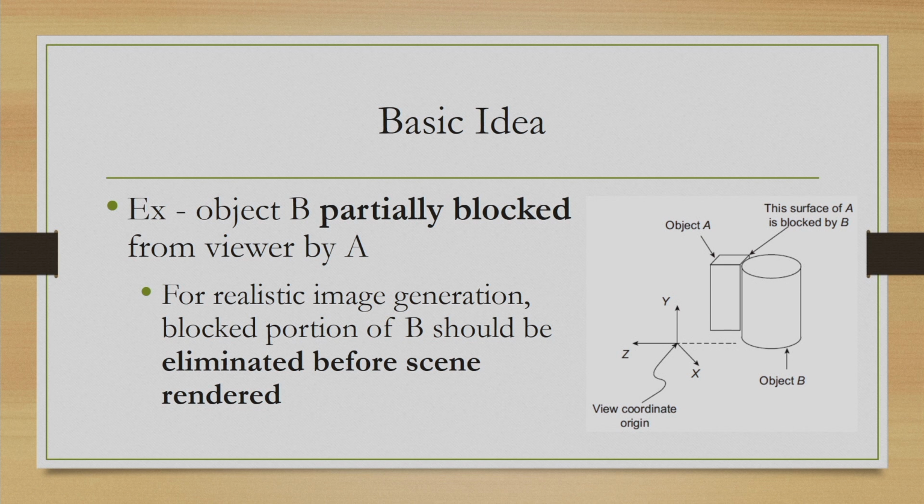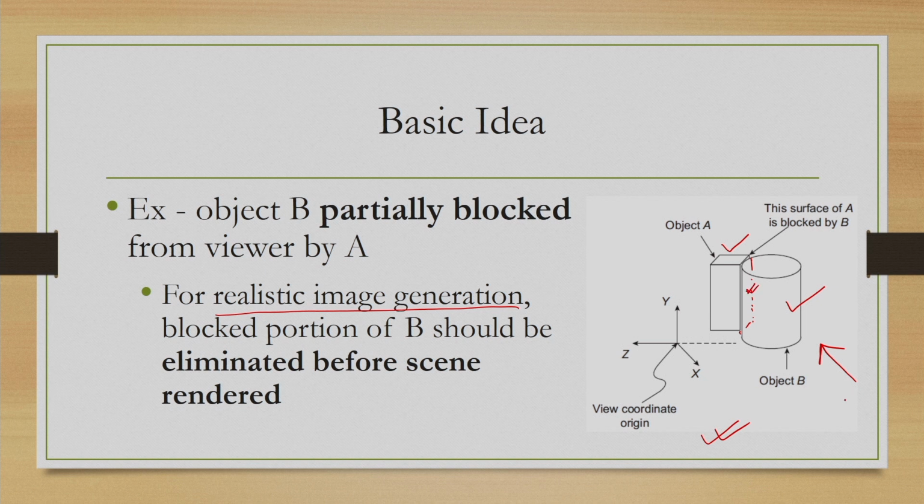Let us see one example. Consider this image. Here there are 2 objects. This is the one and this cylinder is the other one. Now, ideally there is one surface here. For realistic image generation, if we are looking at this object from this direction, then ideally you should not be able to see this surface represented by the dotted boundary line.